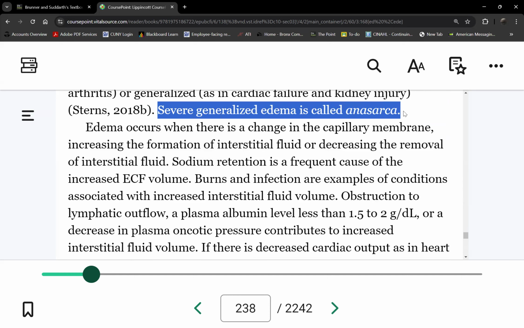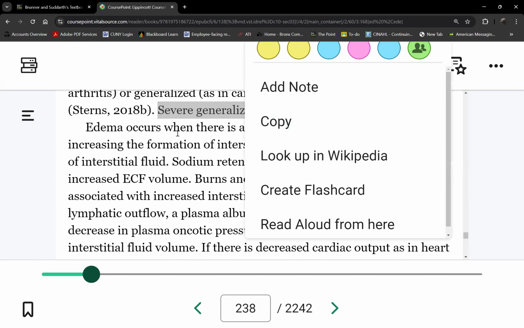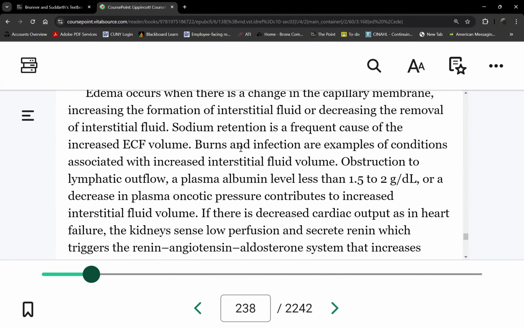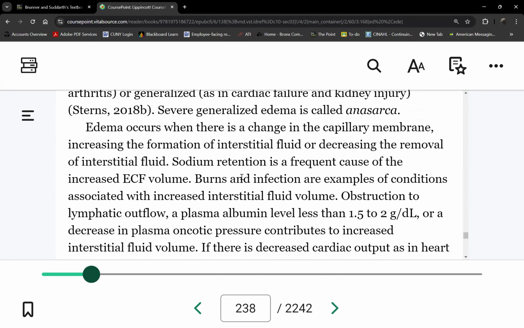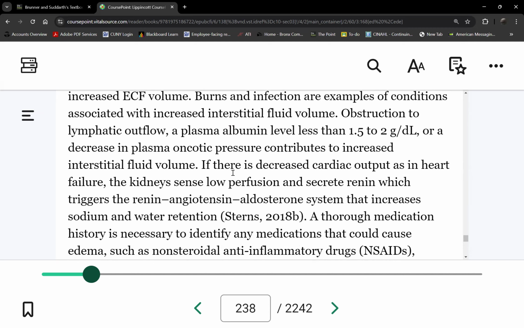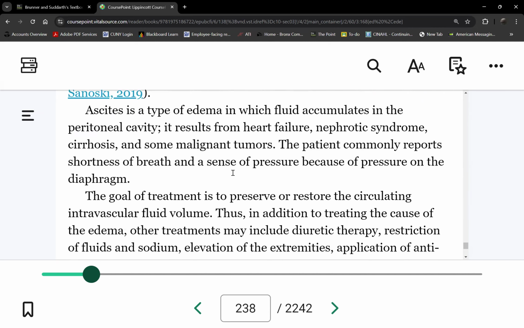Okay, we see these in our heart failure patients, sometimes also in adrenal problems, as well as in kidney problems. They literally have head to toe edema. So burns we'll test next semester. We're not taking burns this term. Ascites if the fluid is in the abdominal cavity.